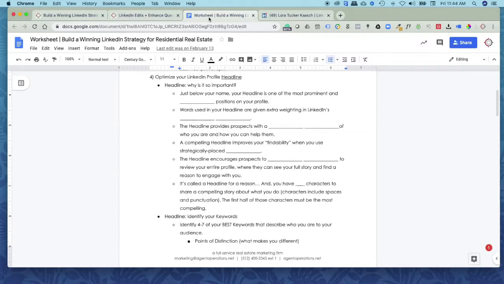And so with that, keywords come into play. Keywords are very important in LinkedIn when you are building out your profile and your strategy. So you're going to want to understand that your headline must contain keywords about you because it triggers the LinkedIn search engine.